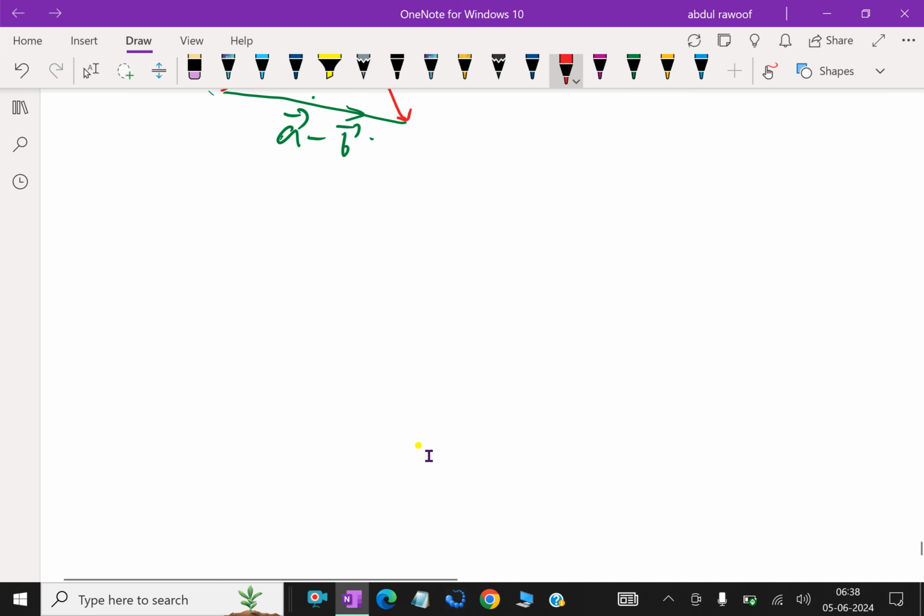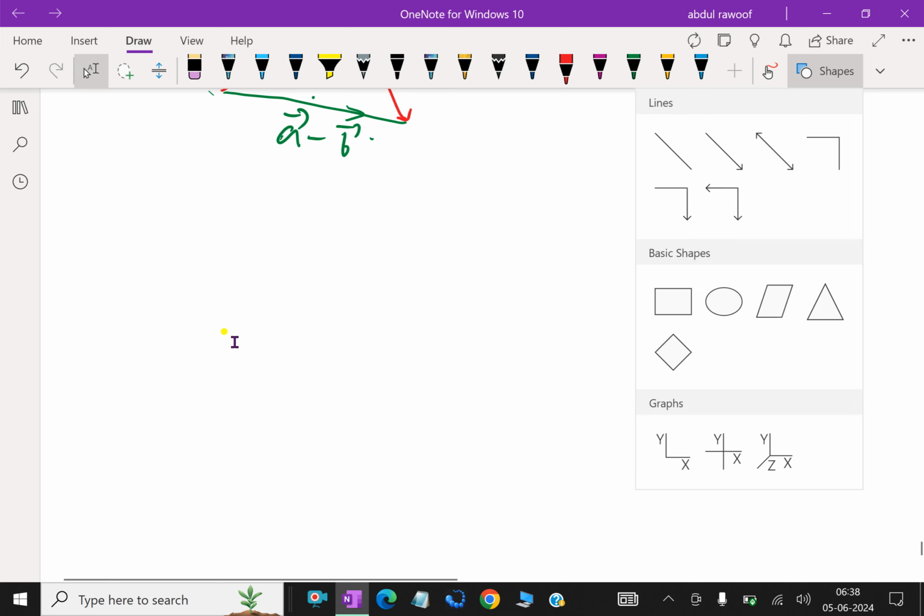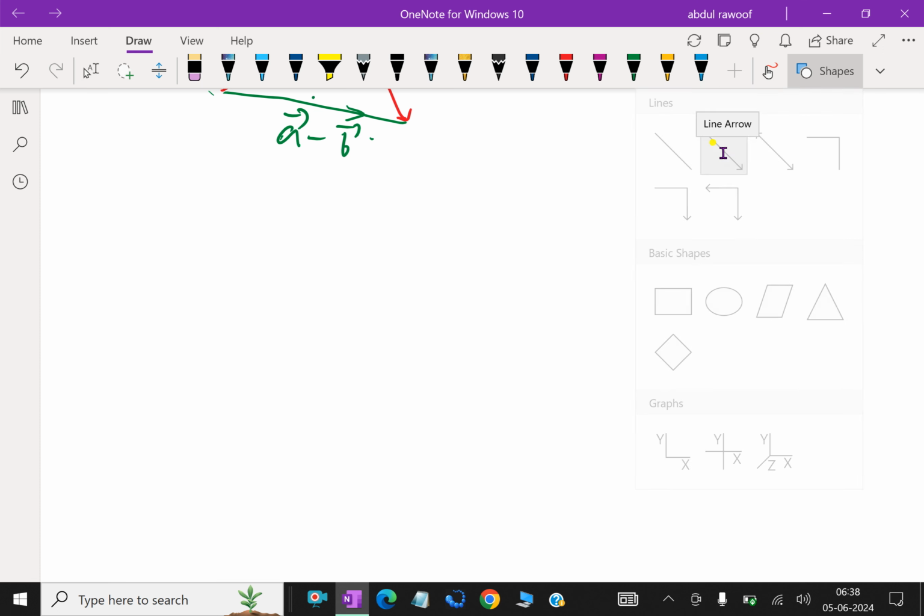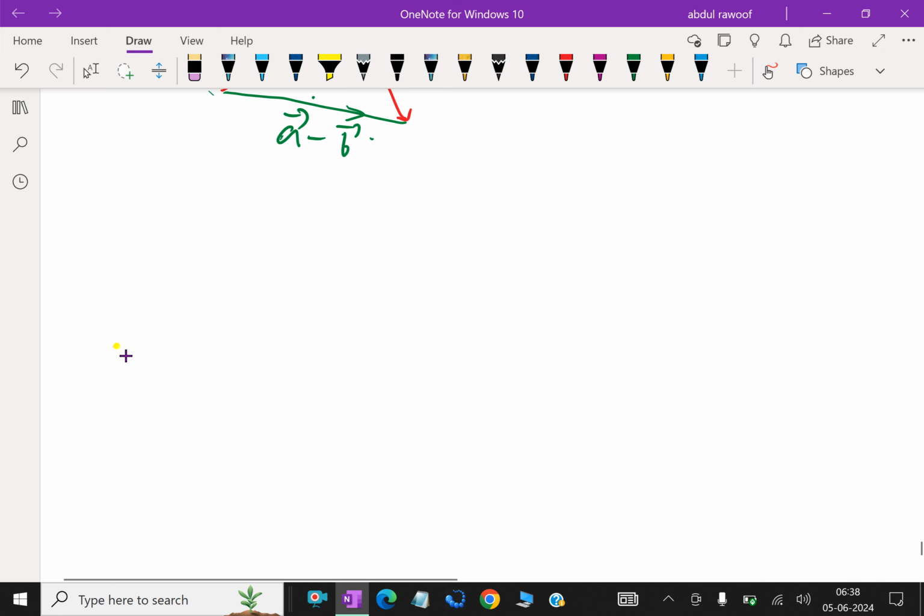One more example, look at here. So this one vector, then the second vector.